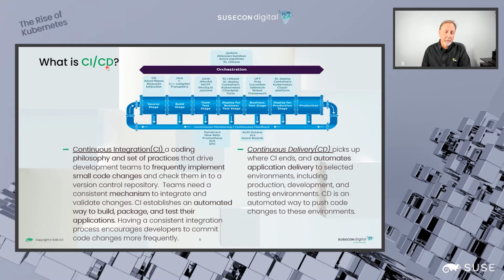Continuous integration, and I'm going to have to read these. I couldn't find a better way to describe it without just reading it because it's really done well in these two particular examples. But continuous integration is a coding philosophy and a set of practices that drive development teams to frequently implement small code changes and check them into some kind of version control repository.